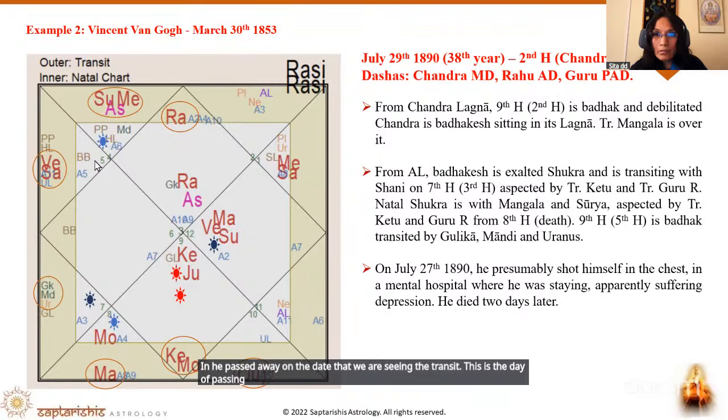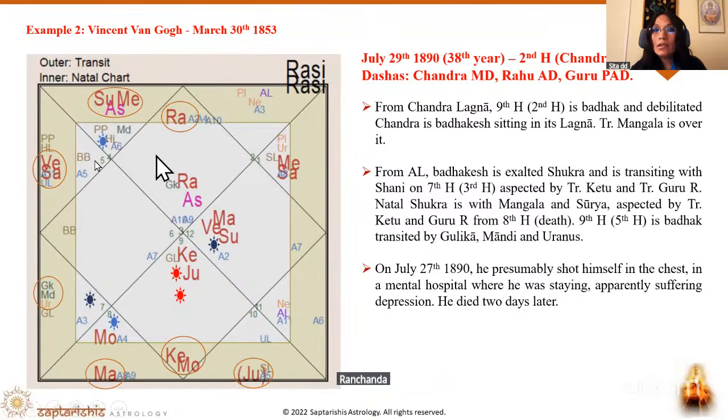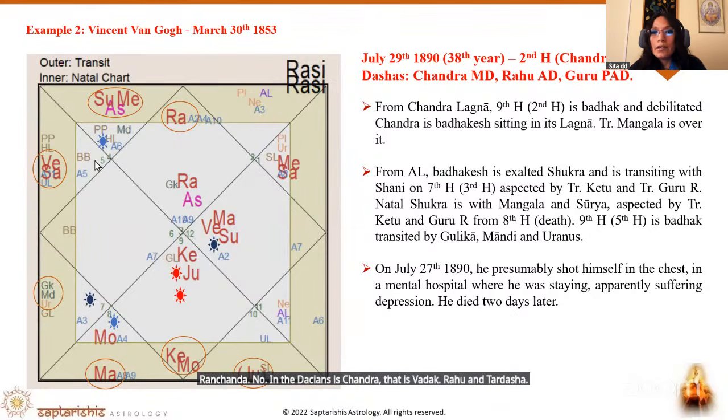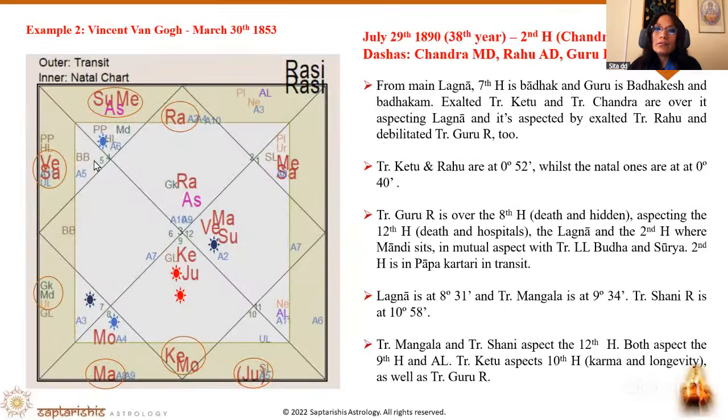And the house that was activated by VCP was the 2nd, that is precisely about the Sthana from Chandra. And the dashas is Chandra, that is Badak, Mahadasha, Rahu, Antardasha, and Guru, Pratyantardasha. We see that Guru is Vatakesh too, so all is confirmed in his case too.